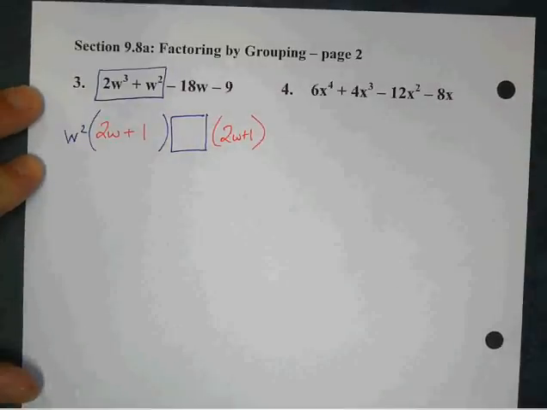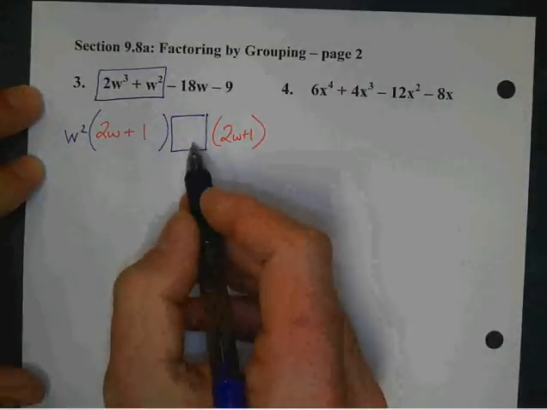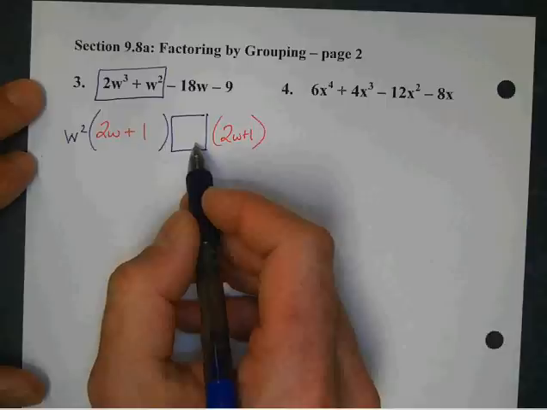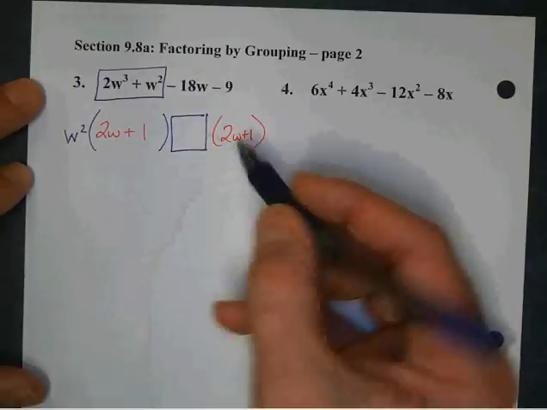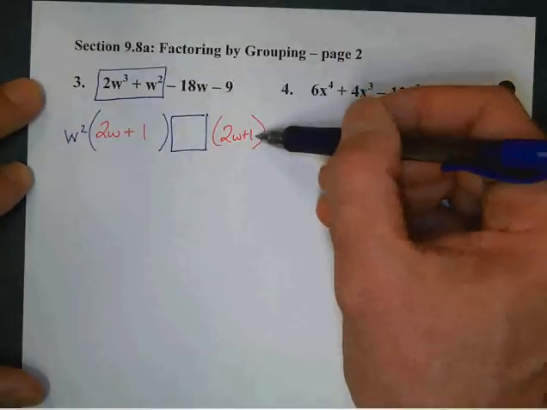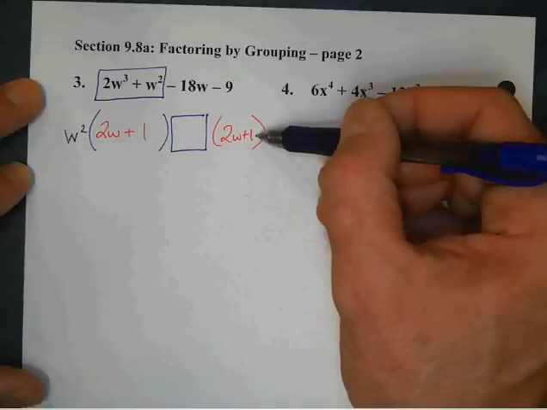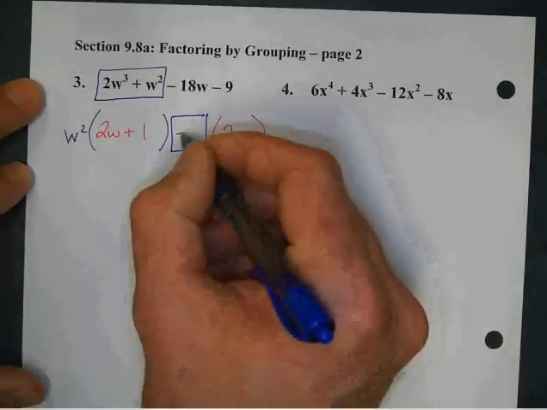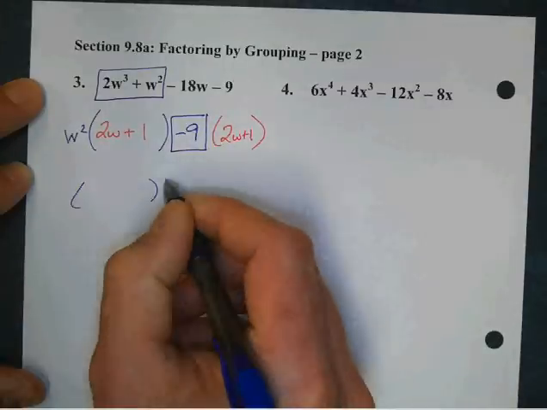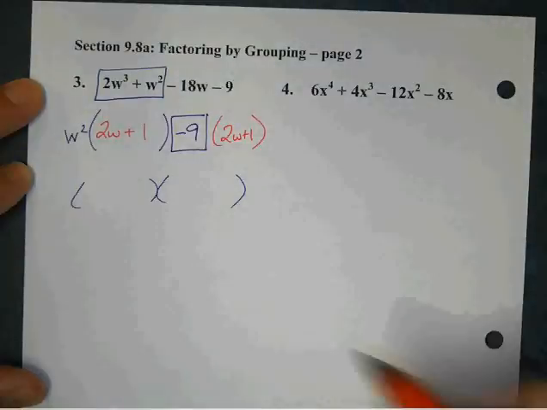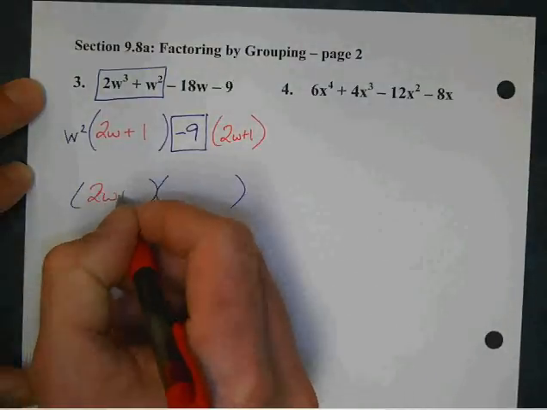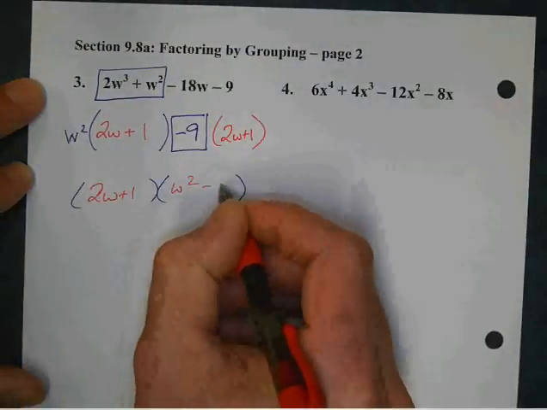What goes in my box? If you're not sure, think negative 9 divided by positive 1. Negative 9, okay. So what are my two parentheses? 2w plus 1 and w squared minus 9.